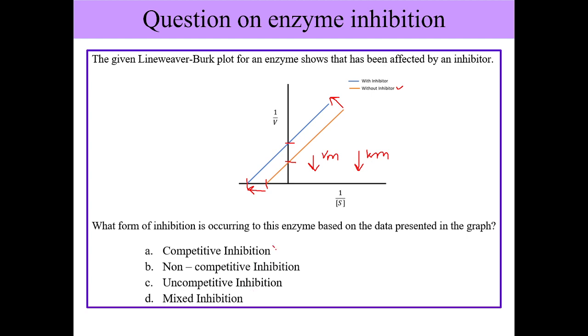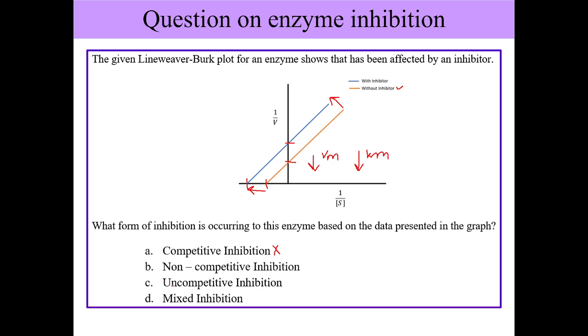Therefore this kind of graph, we do not see it in the case of competitive inhibition, because in competitive inhibition Vmax remains unchanged, right? For non-competitive inhibition, also we do not see this kind of graph, because there your Km remains unchanged.